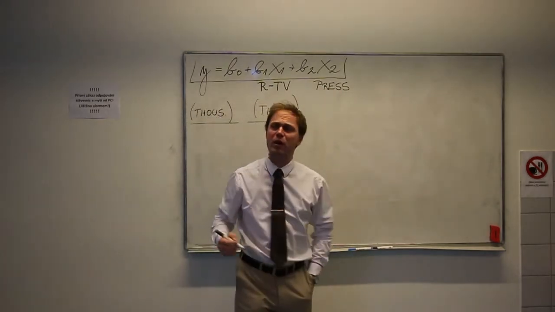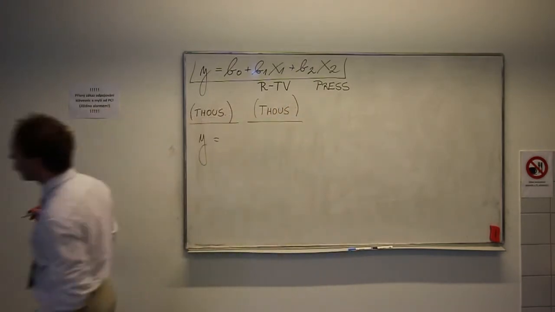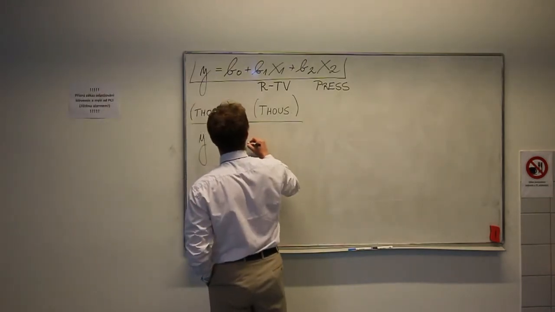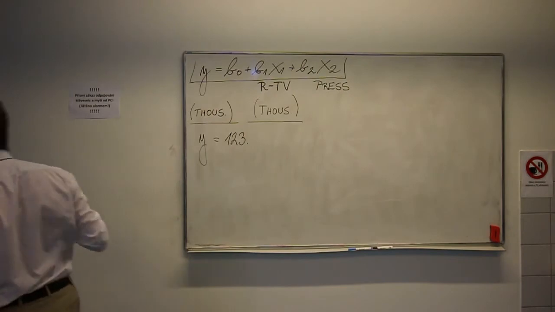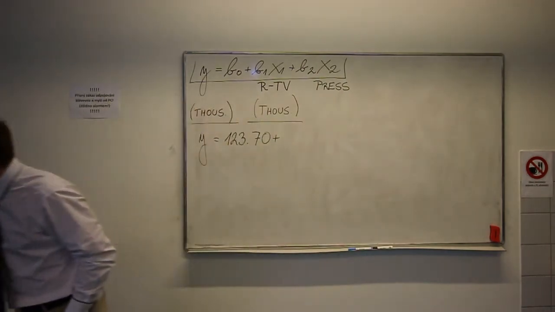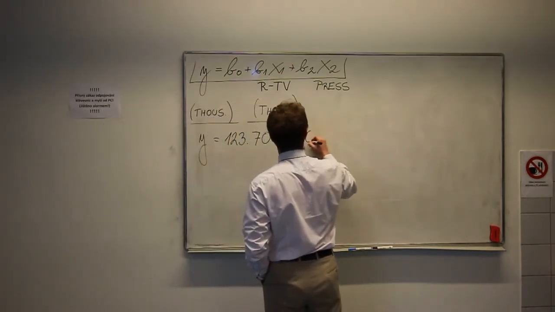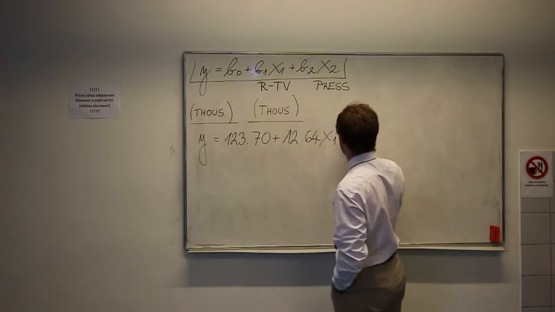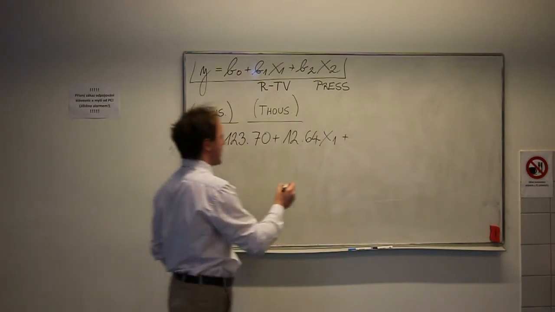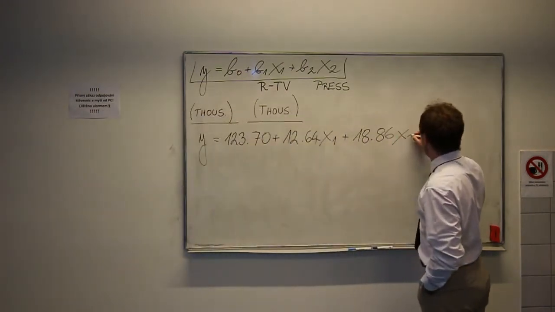And now I will rewrite the regression coefficients. So y is equal to intercept 123.70 plus coefficient of x1, 12.64 x1, plus 18.86 x2.